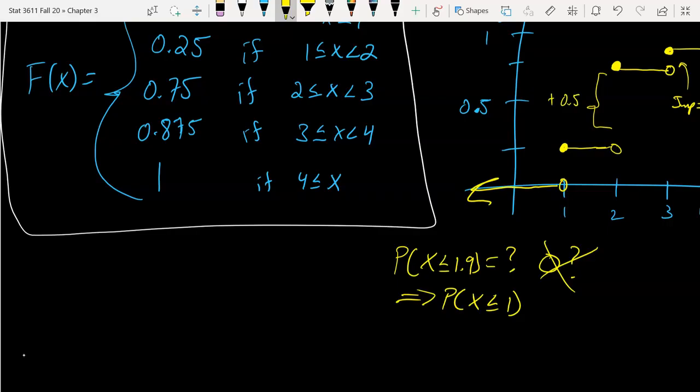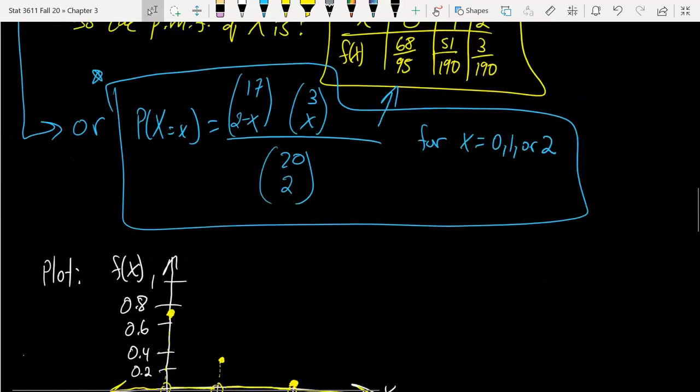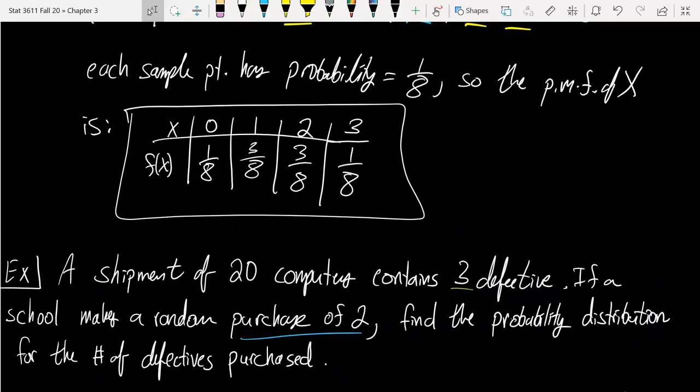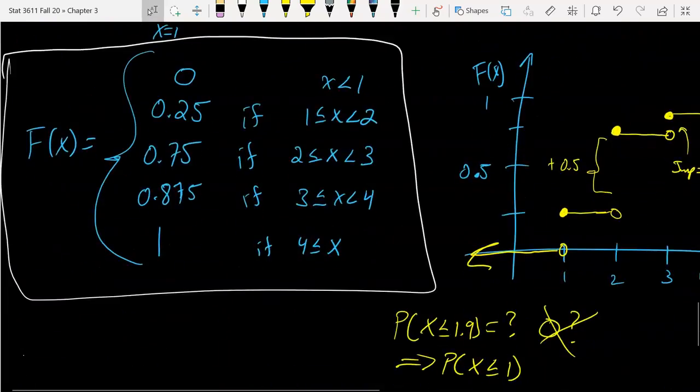When x is less than or equal to 1.9, that'd be saying, what's the probability you get 1.9 heads or less when you flip, let's say, those 3 coins like we did earlier? Less than 1.9 would just be saying you get 0 heads or 1 head, and that still has a positive probability. Okay? And so we get these step functions that look like that.